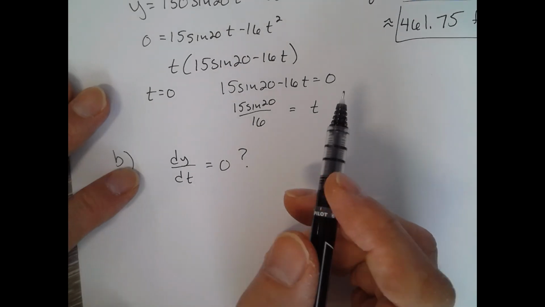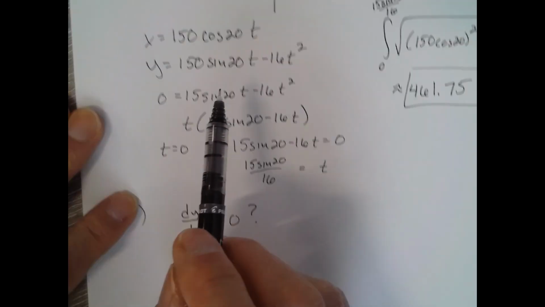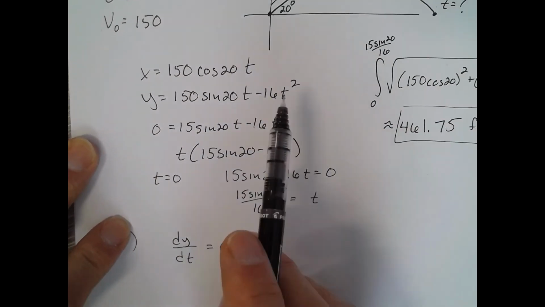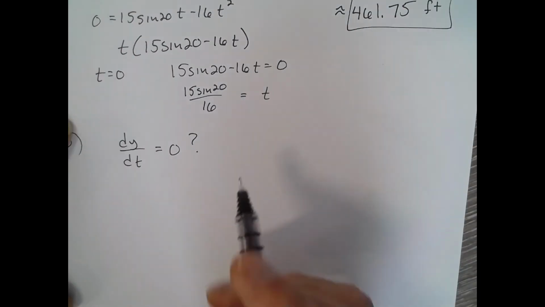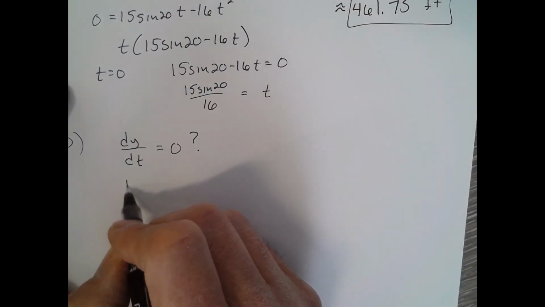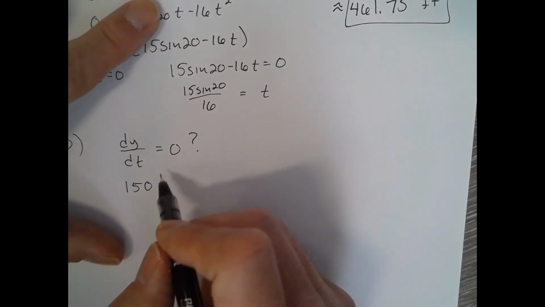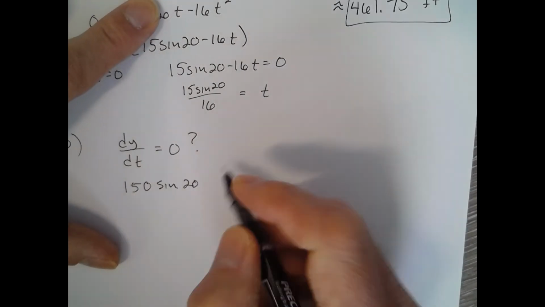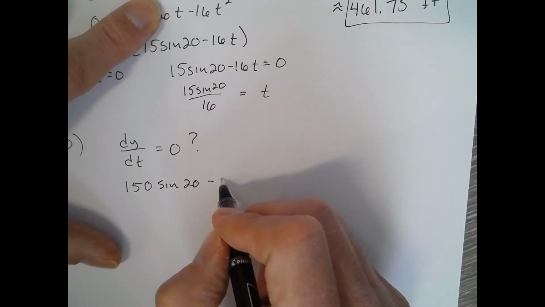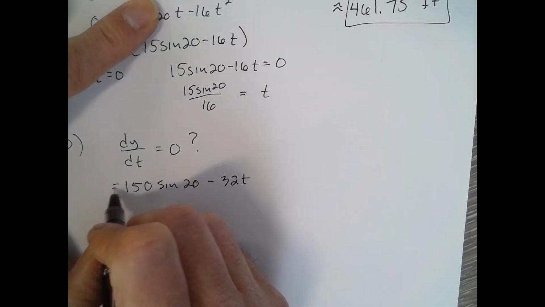Well, dy dt, we already found it, I think. Well, it's in our formula right there. So it's 150 sine of 20 minus 32t, set that equal to 0.